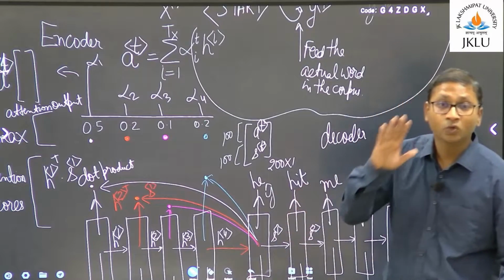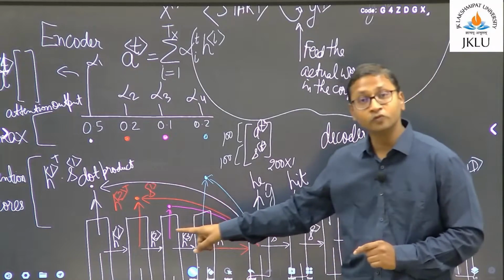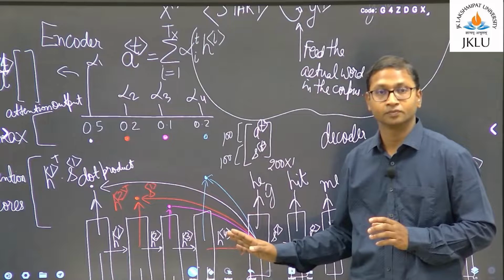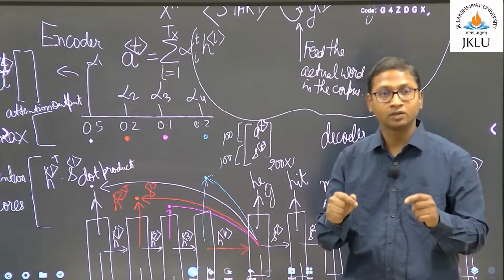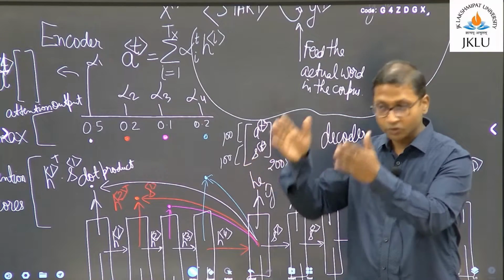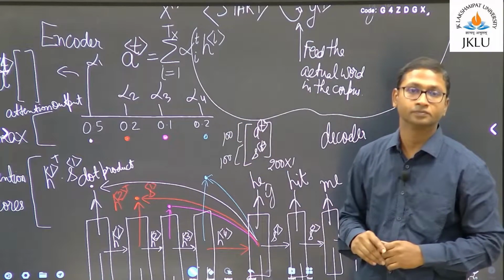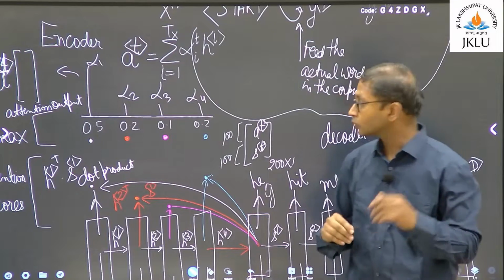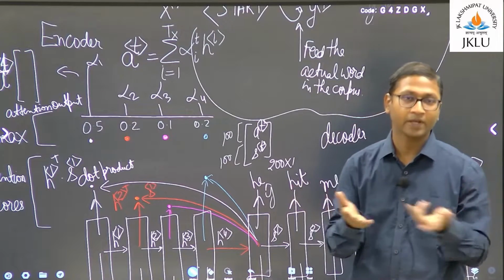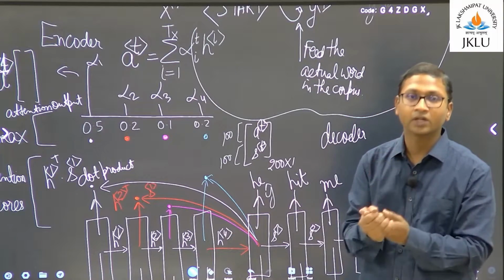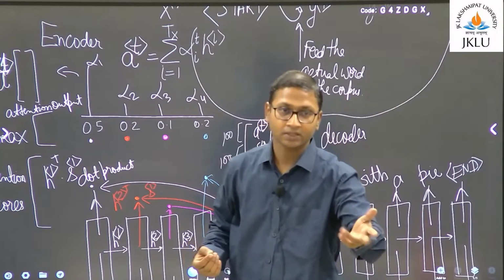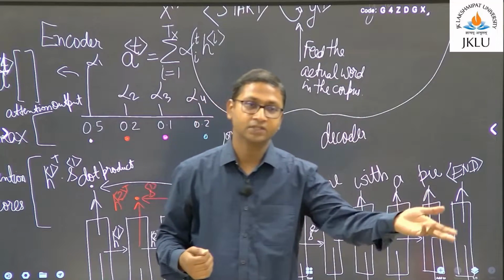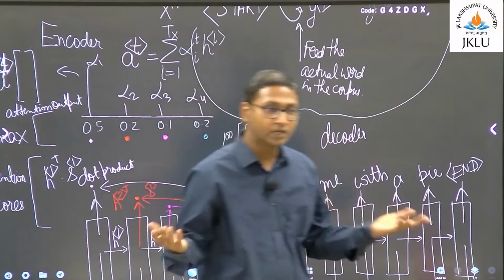There is no theory that can prove that this should work, right? You have to write code for it, execute, and show that it actually works. That's why I couldn't ask you very theoretical questions in your midterm, because there is nothing like prove this or derive this. There are no derivations, there are no proofs.